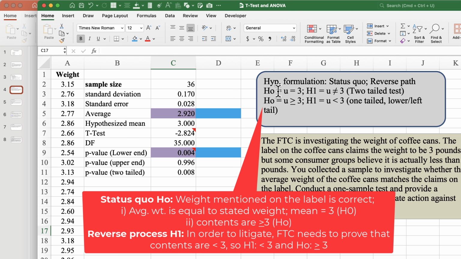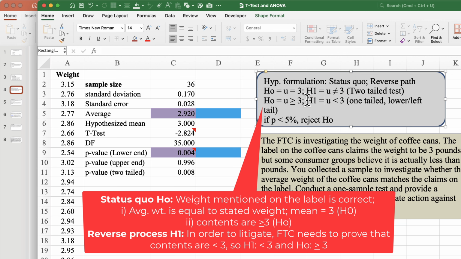So if the null hypothesis is that mean is equal to 3, the alternative hypothesis would be that it is not equal to 3. The other approach is to use reverse path, whereby we start with the alternative hypothesis. In the alternative hypothesis, we start with what FTC is looking for. They want to conduct an investigation, and they are looking for whether the mean is less than 3.